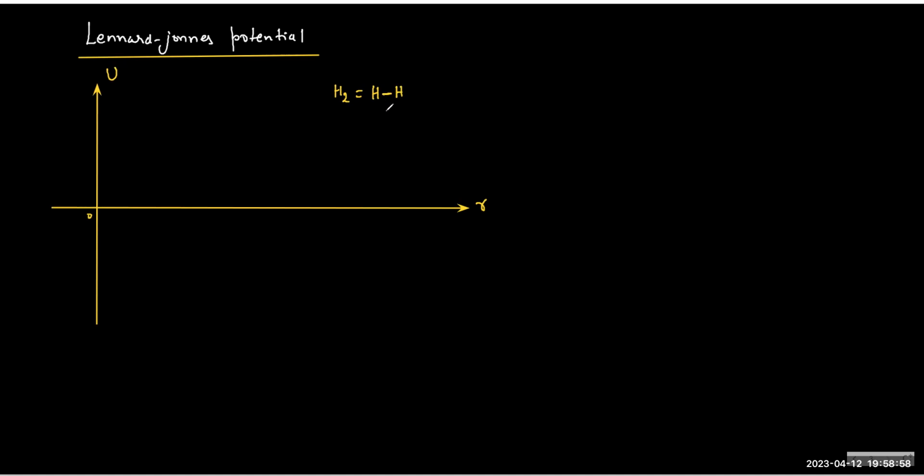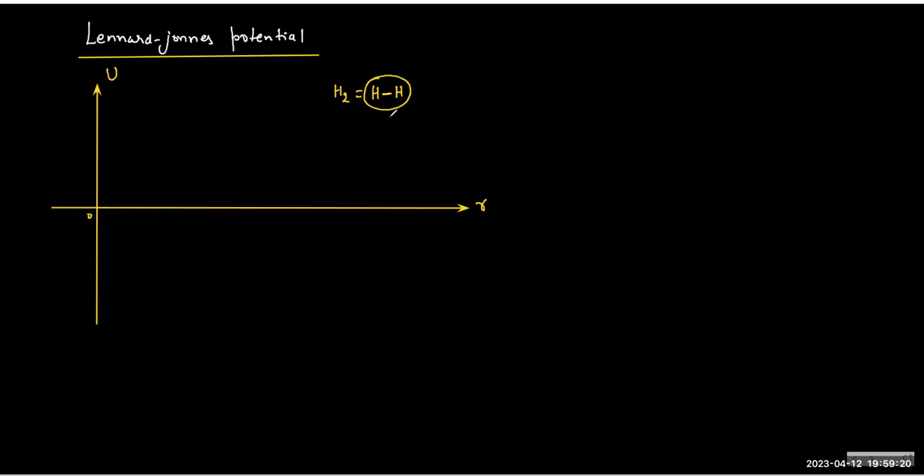So bond length is the separation at which the energy of the system is minimum. This is the lowest energy configuration. So the separation at which the system attains the lowest energy configuration is called bond length.